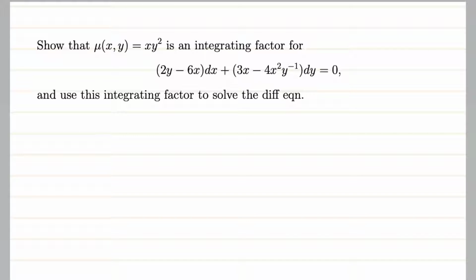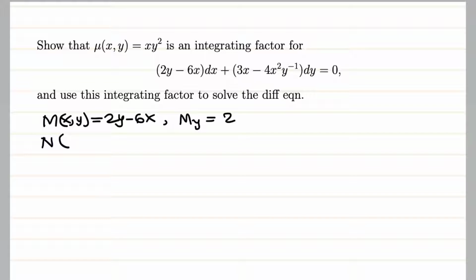Let's check if this is exact. M is 2y minus 6x, a function of x and y. If we find the partial derivative of M with respect to y, this is 2 minus 0, just 2.